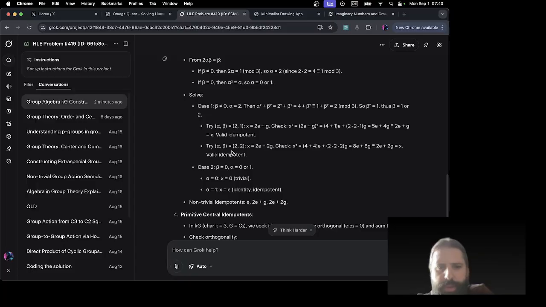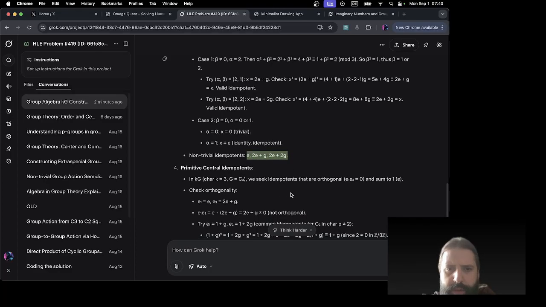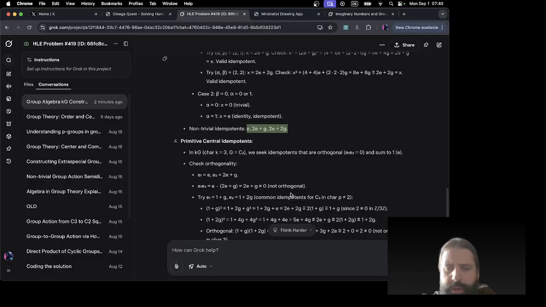So we have non-trivial idempotents E, 2E plus G, 2E plus 2G. Okay, why. And we seek idempotents that are orthogonal.